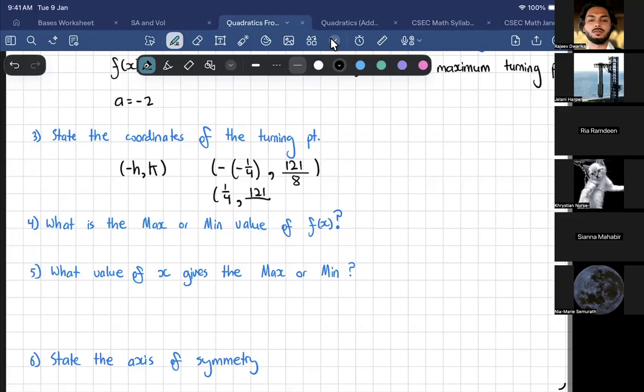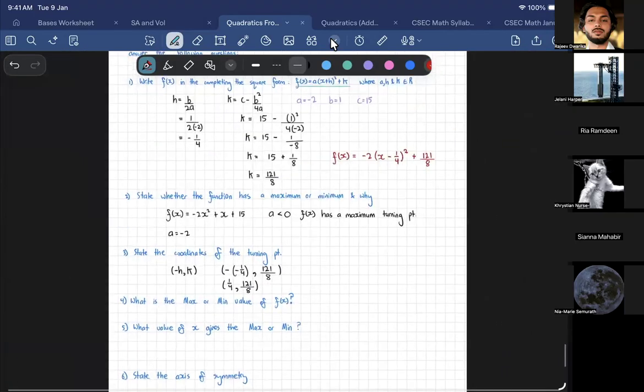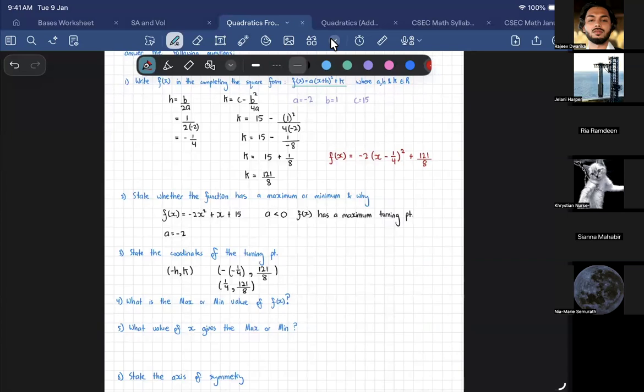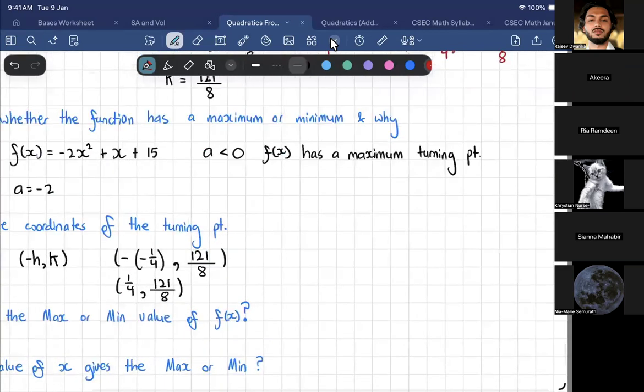You agree? Yes, sir. Okay, great. Now, guys, is this turning point going to be a maximum turning point or a minimum turning point? Could somebody tell me? A maximum. Do you all agree that that turning point will be a maximum? Yes, sir.